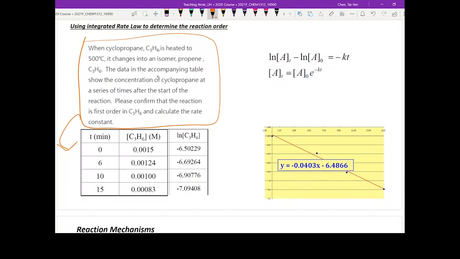It gives you the concentration of your reactants at different times. It gives you the natural log of the concentration at different times. And it's going to ask you what is the reaction order. So what you need to do is plot out the concentration of your reactants or the natural log of your concentration over time and see which one gives you the linear plot. And that one will be the order that you're looking for.